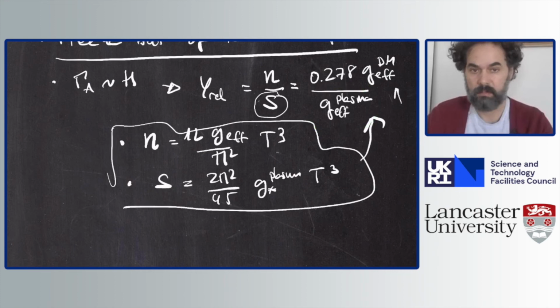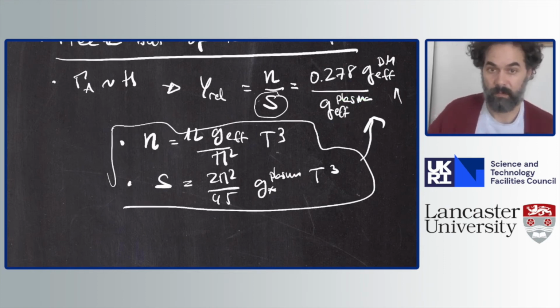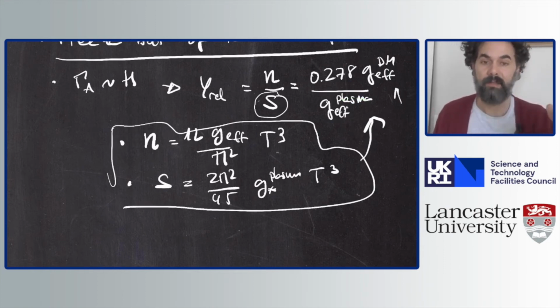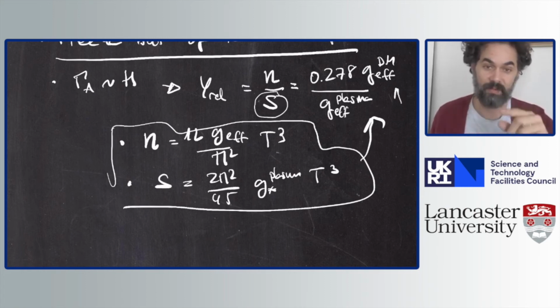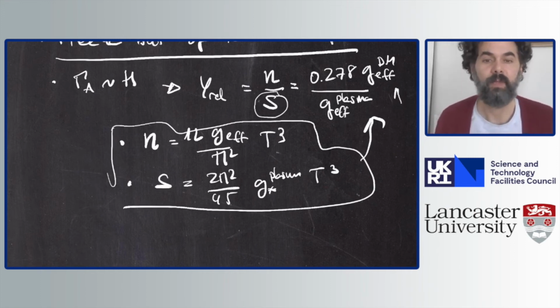For instance, you can have a plasma of neutrinos, electrons, positrons, photons, and in this case the number of degrees of freedom is a number you can compute for the standard model. If you leave equilibrium later, some of these particles may already have disappeared because their yield goes to zero, and you may only have, for instance, neutrinos and photons. The entropy depends on the number of particles in this plasma.